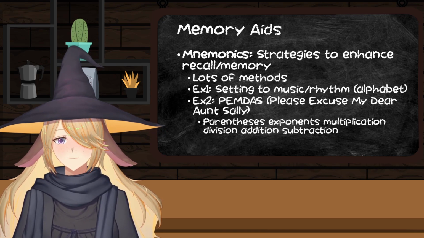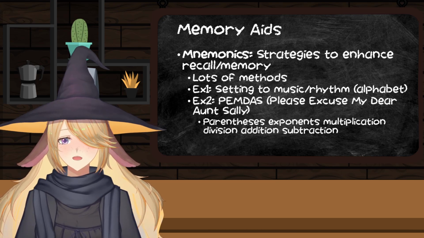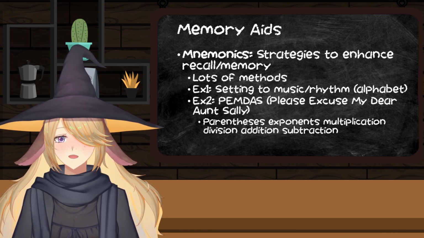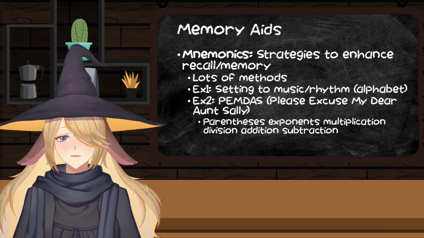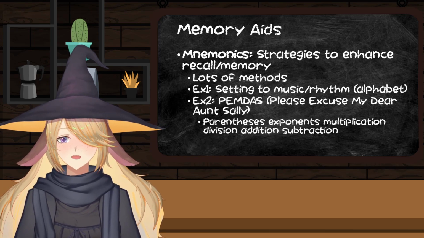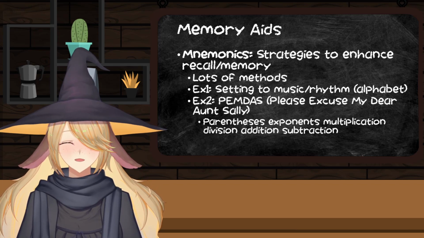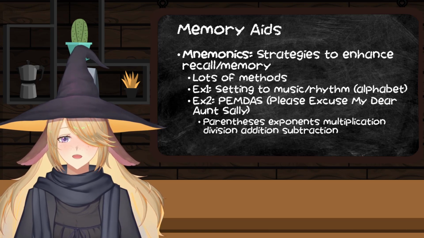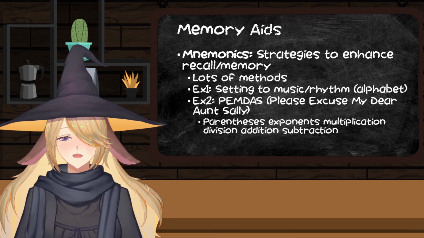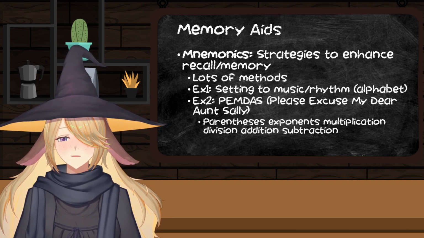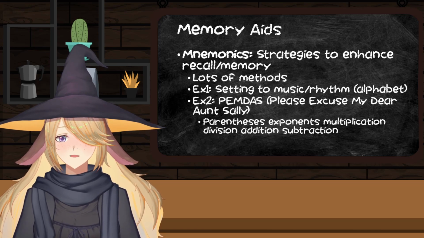Exactly. So PEMDAS is a really good example of this because it turns the entire order of operations, parentheses, exponents, multiplication, division, addition, subtraction, into a single word. So when you're trying to recall that information from your long-term memory, you remember PEMDAS. And if you want to think about it this way, it's almost like having file folders in your brain.